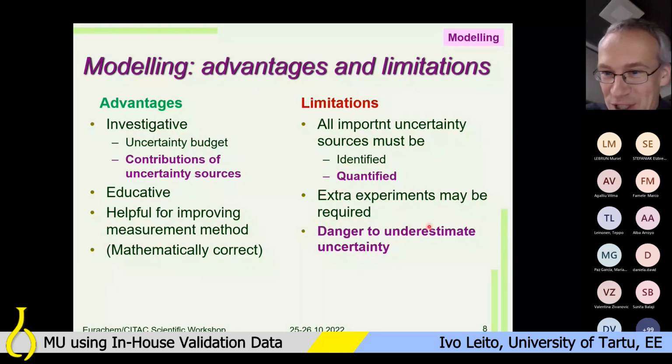And those effects may lead to the necessity of doing quite some extra work, quite some extra experiments. So doing it correctly might be quite work intensive. And nevertheless, sadly, there remains the danger to underestimate uncertainty if modeling is not done in an educated and correct way.